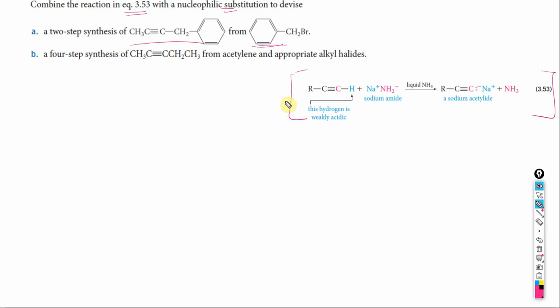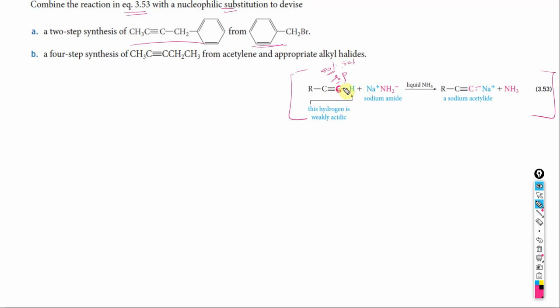It concerns the acidities of alkynes. Alkynes, as we have seen, have a carbon with a triple bond, and that means the carbon is sp hybridized as opposed to sp2 or sp3 hybridized. When you have sp hybridization, you have 50% s character and 50% p character, and the more s character you have, the more strongly the electrons on that carbon are held by the carbon's nucleus.